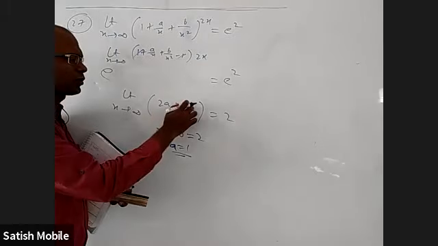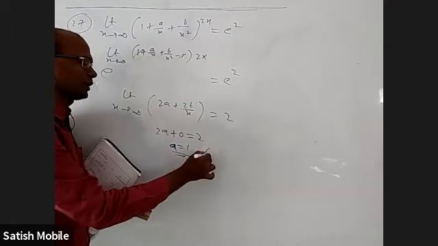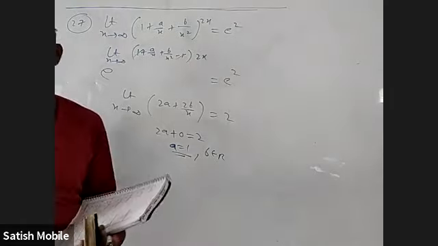Now one may ask what is b? Will it take b equal to 1 or 5 or 100 or 1000? It will be 0 only now. So b can be any real number. So for that limit to get the answer e square, a has to be 1, b can be any real number.